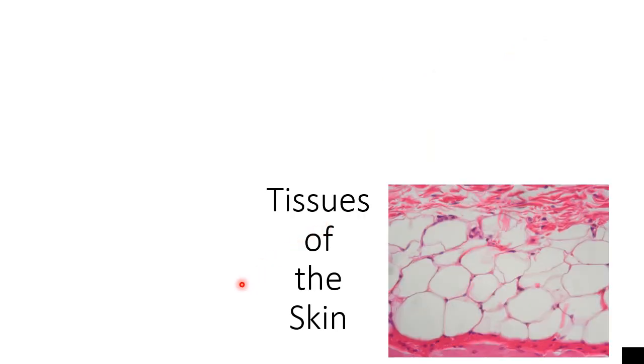I want to start with the layer called the hypodermis. The hypodermis is that lowest layer of the skin. In the hypodermis, we find adipose loose connective tissue. This image shows adipose loose connective tissue with the large cells known as adipocytes.